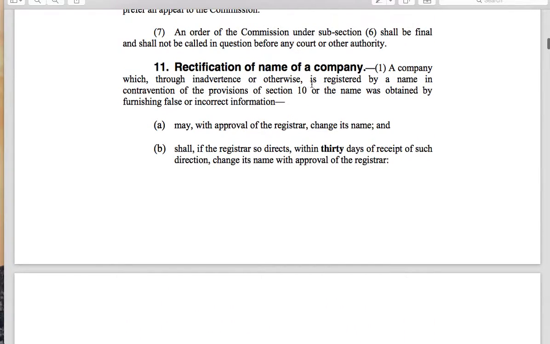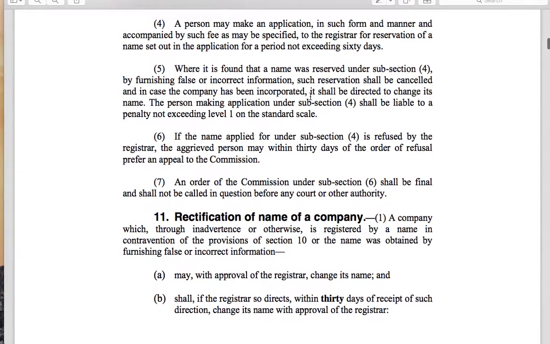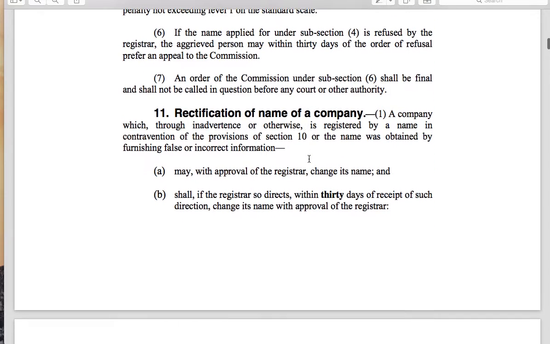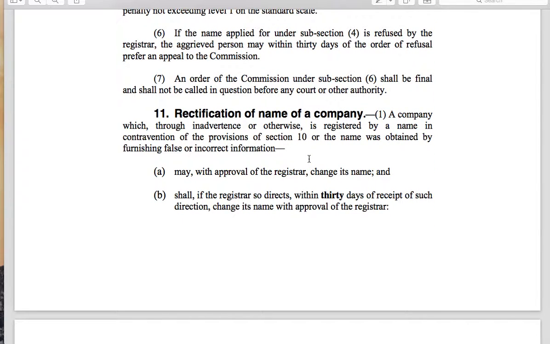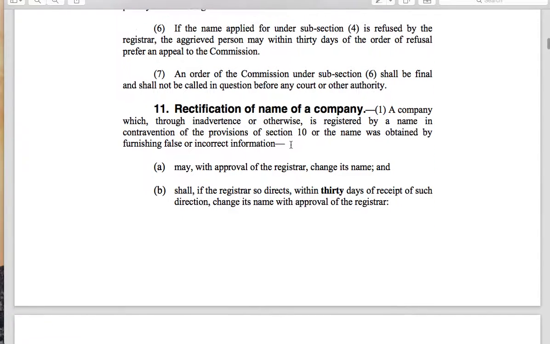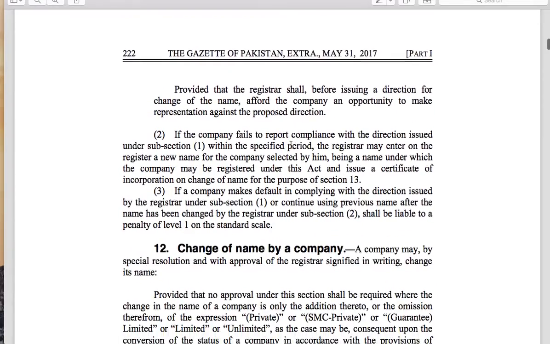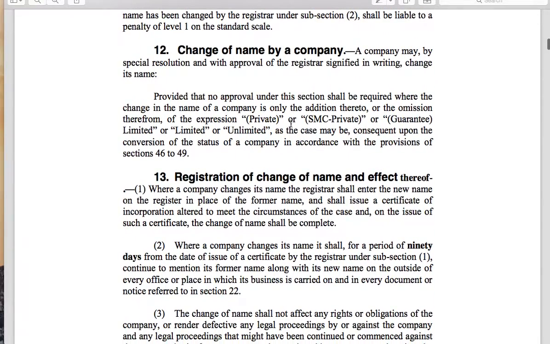If, for example, a company is registered by name in contravention of provision of section 10, so if this section 10 is violated, but somehow a mistake is made on the part of the SECP staff, the law gives them the right to rectify the name. And if you want to change your name because you have changed your business or your line of business, you can change it under section 12.